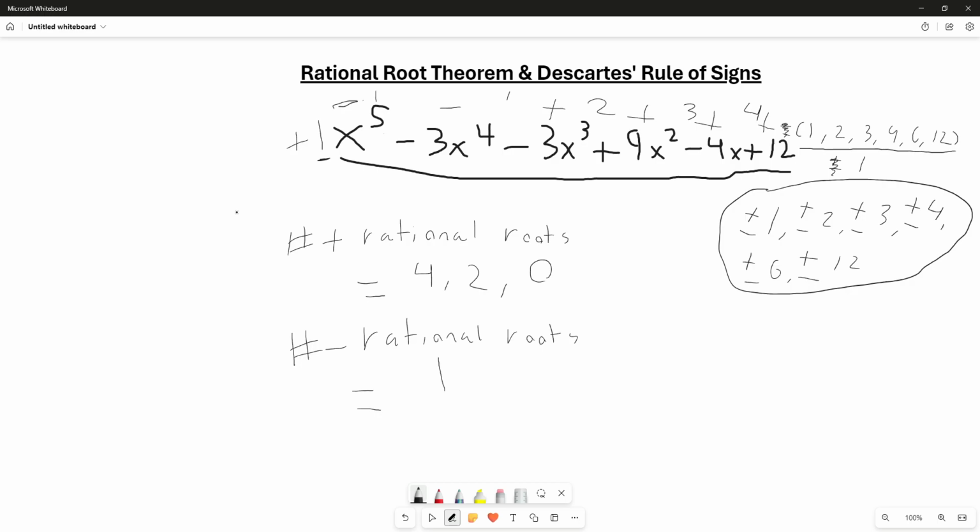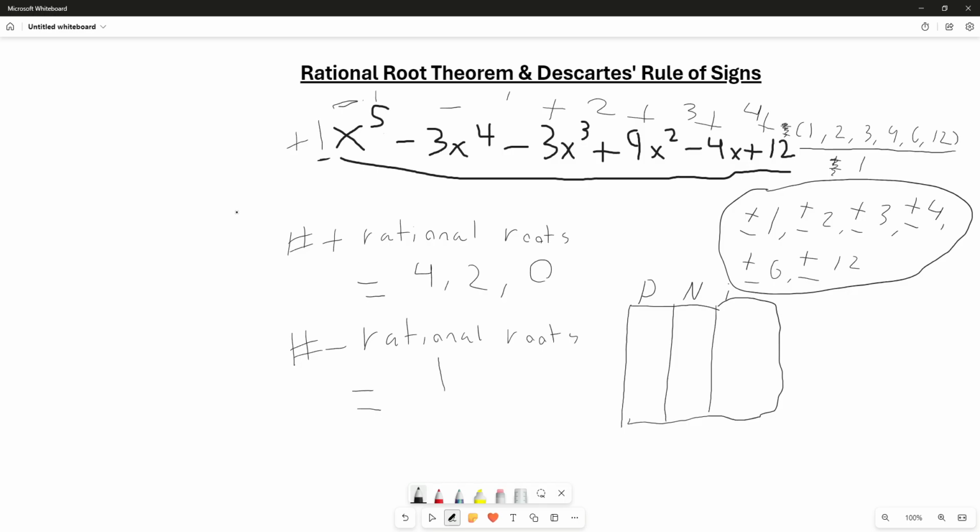And that is essentially what Descartes' rule of signs says. So if we were to make a table of all of the possible roots for this function, we'll label this column P for positive, we'll call this column N for negative, and we'll call this column I for imaginary.